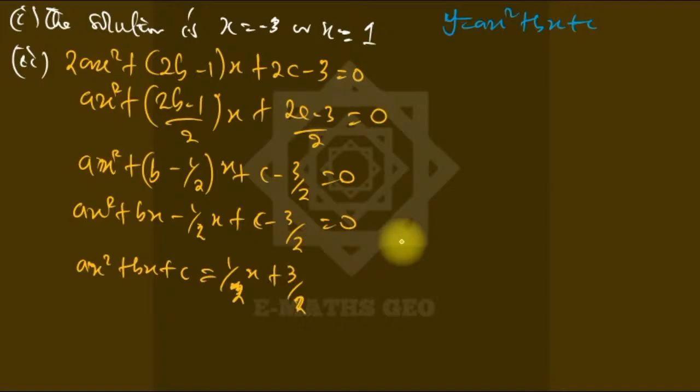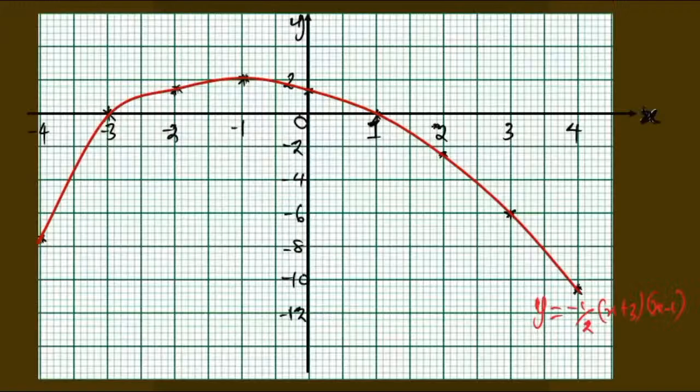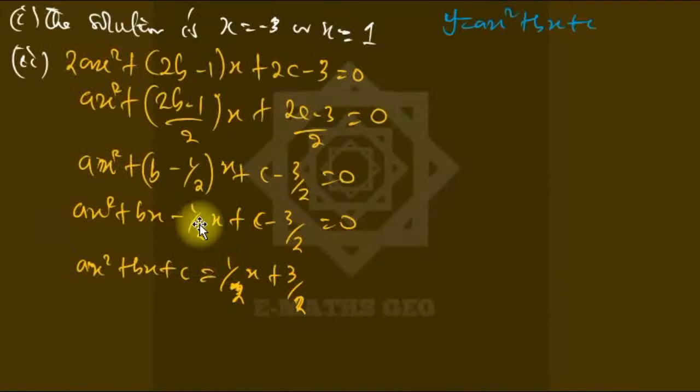So using that same thing we did here, you know why the answer is x equals minus 3 and x equals 1 in the first one: it is the point of intersection of the curve, which is y equals ax squared plus bx plus c, and the x-axis, another name for x-axis is y equals 0. So that's why where they intersected, the answer is minus 3 and 1. So now that same thing now.